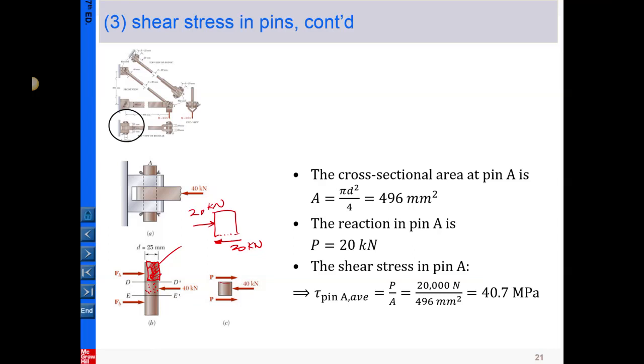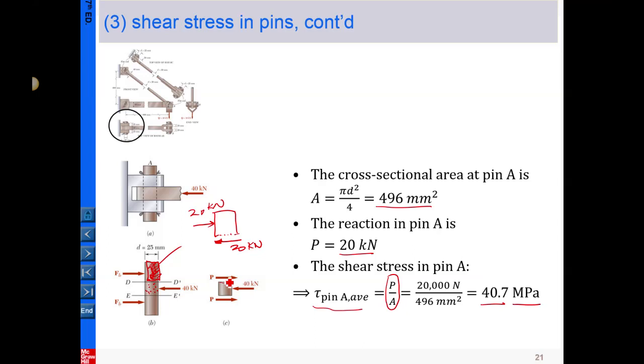Anyhow, we have determined the magnitude, and we are still able to determine the cross-sectional area. Divide the force by the cross-sectional area to get the magnitude and the unit. Together with the direction of the shear stress, you can uniquely define the shear stress.